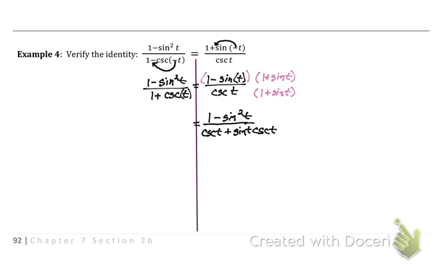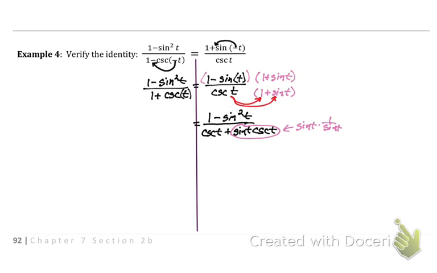It's going to be 1. That should just be 1. How'd you get sine t times cosecant t? Because this has to get distributed to both things. That cosecant needs to go to both items, because that's why I put those parentheses there.